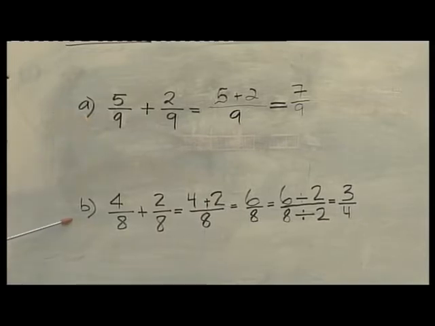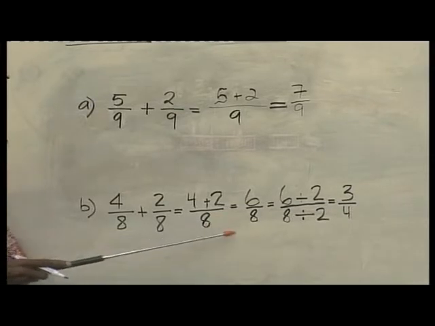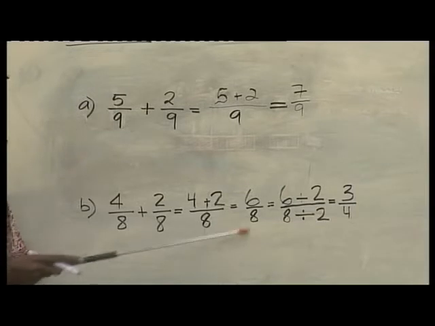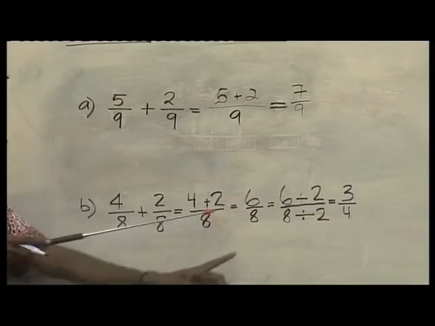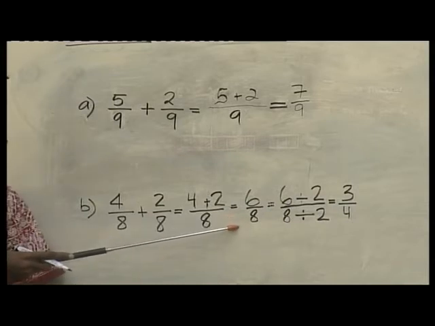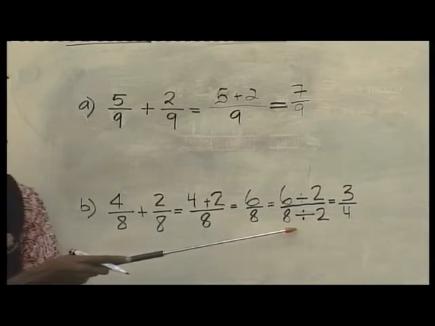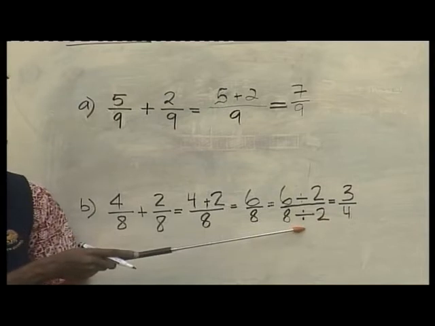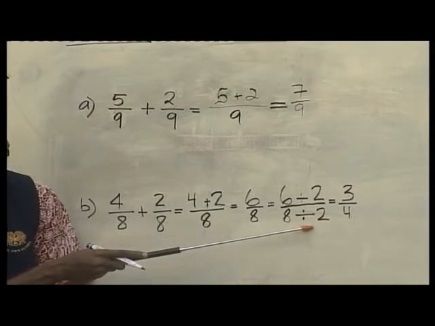Okay, let's go to the next exercise. B, 4/8 plus 2/8 is equal to 4 plus 2 over 8, which is 6/8. And our friend Jordan has simplified this fraction because he saw that it is not in its simplest form. So he further simplified by using the highest common factor, which is 2.